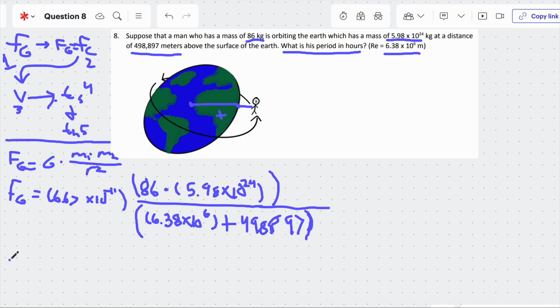But okay. So f of g equals big G times 10 to the negative 11th. We're going to figure out the top first. Oh, and this is squared. Don't forget the squared. That's a silly mistake. So we'll put that in a calculator. So we got 5.98 times 10 to the 24th times 86.